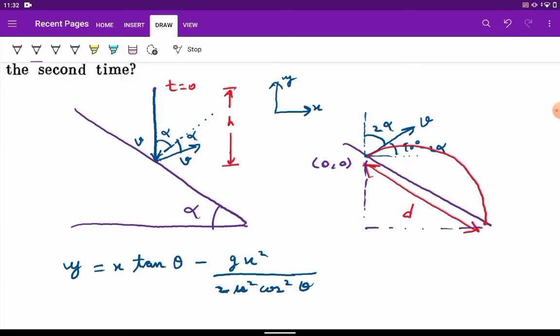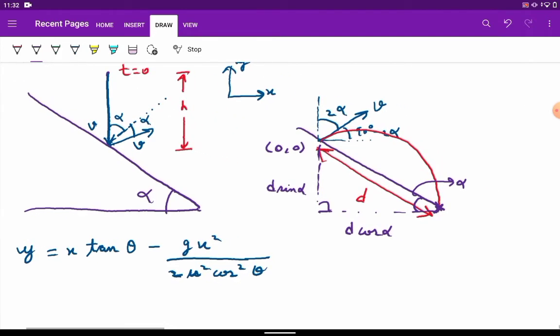We consider this: this angle is alpha, this is d cos alpha, and this is d sin alpha. So the coordinates of this point would be, since it is in the positive x direction, d cos alpha, but it is in the negative y direction, so minus d sin alpha.